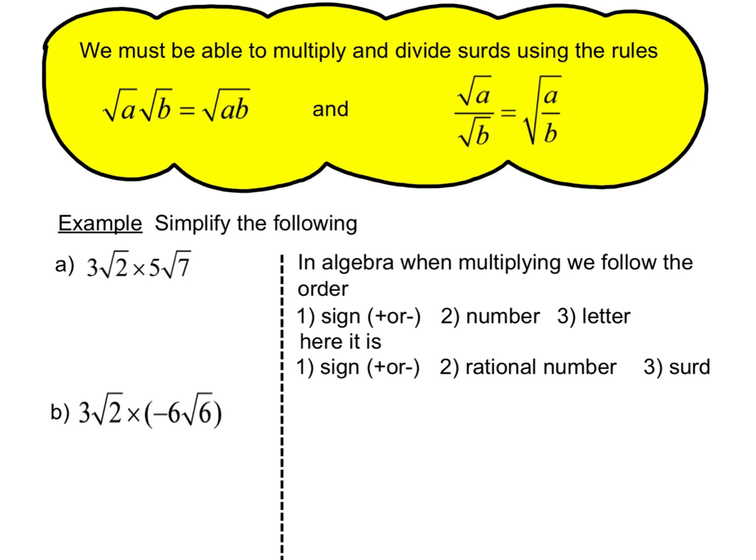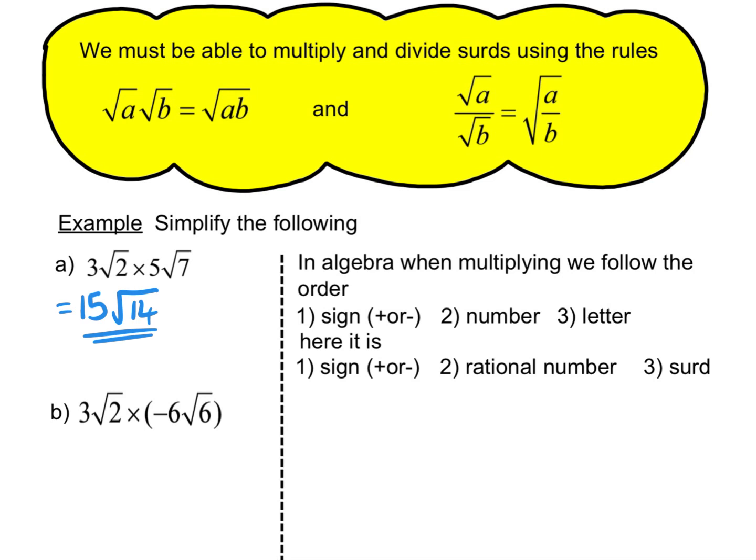So let's go through this stage by stage. First of all, signs. It's positive times positive, so the answer is positive, and we're not going to write anything for that. The rational number part, 3 times 5, is 15. And then the surd part, root 2 times root 7, using this rule, is the square root of 2 times 7, so that's root 14. And that's it, fully simplified.